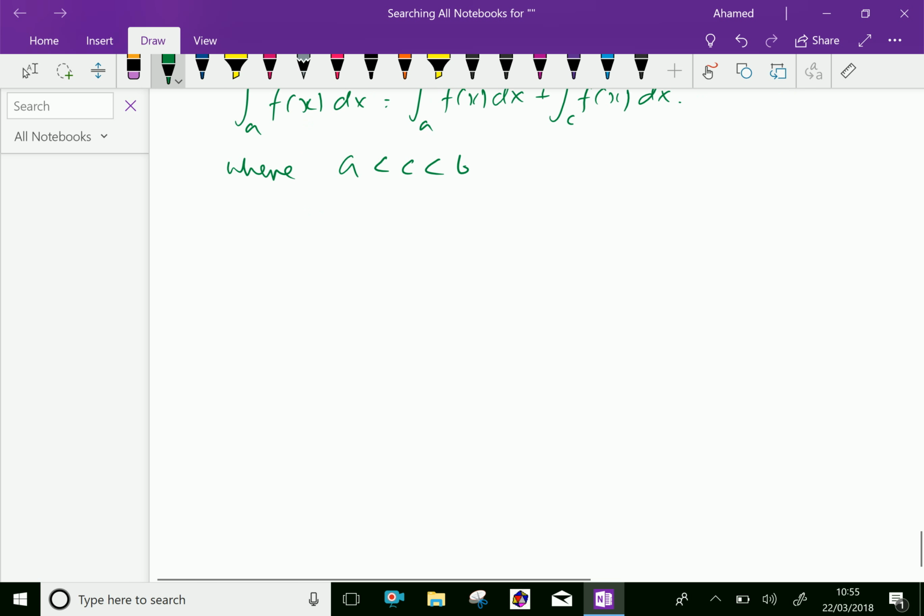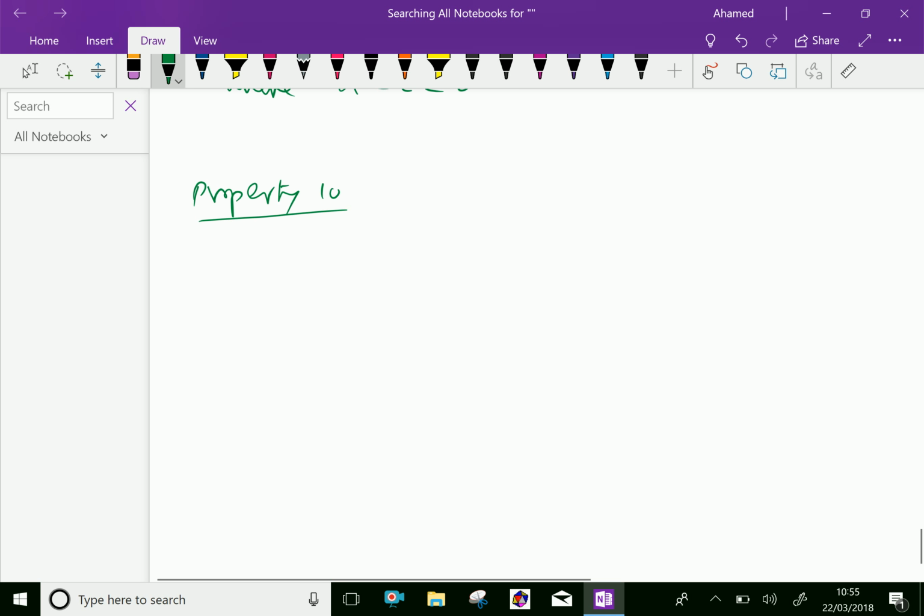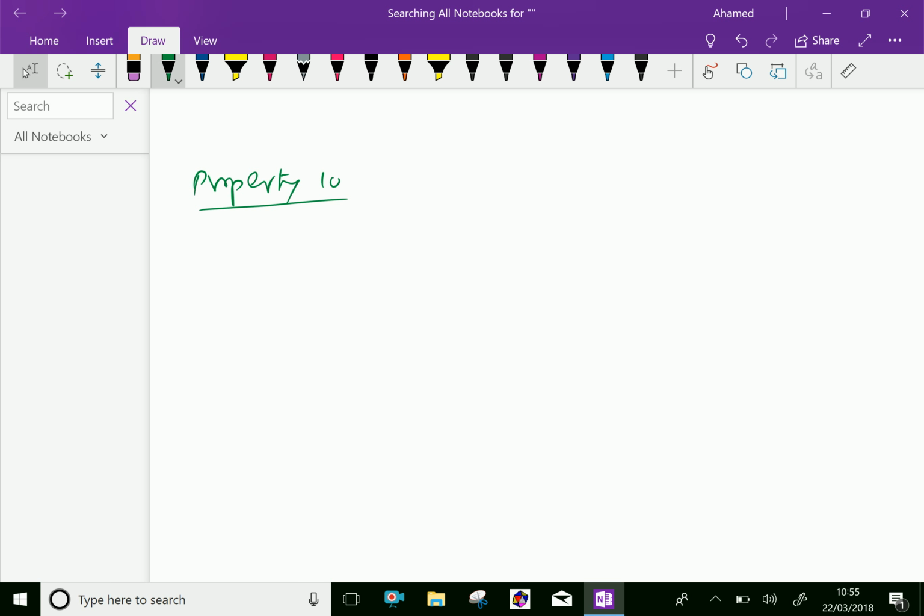Next property, removal of x from the product.